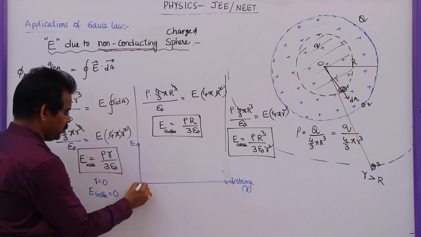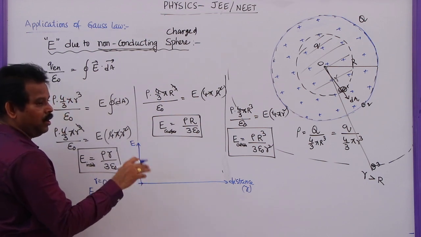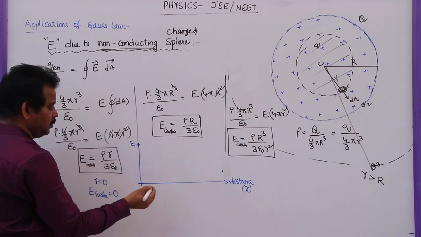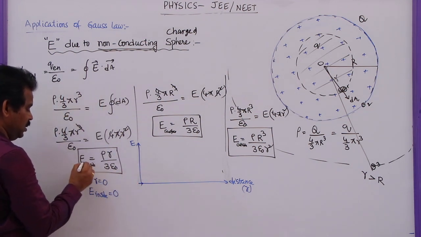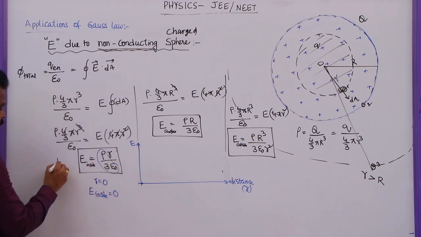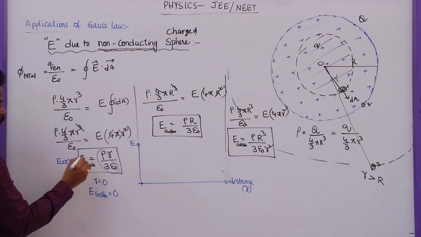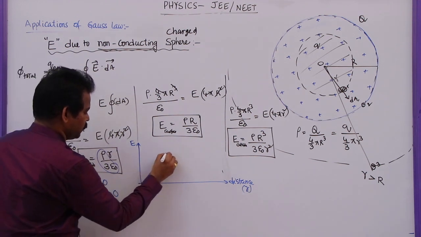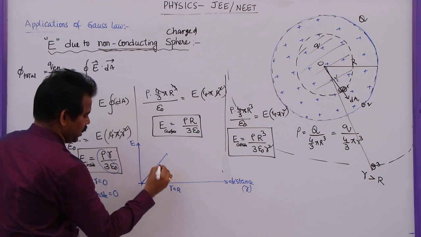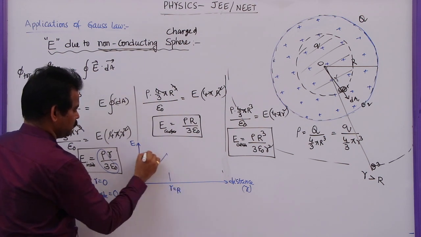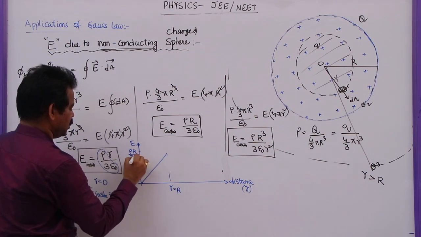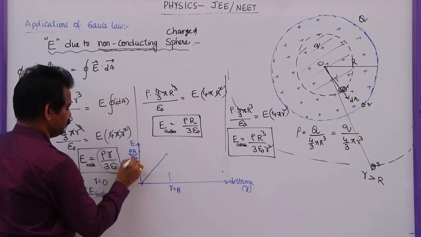That means the electric field at the center of the sphere will be 0, whether it is conducting or non-conducting. But in a non-conducting sphere, the electric field gradually increases with distance, because rho by 3 epsilon naught is constant. So the electric field is directly proportional to r. Let me draw the graph like this. Till this point, when small r is equal to capital R, the electric field is rho capital R by 3 epsilon naught. This is the maximum value.